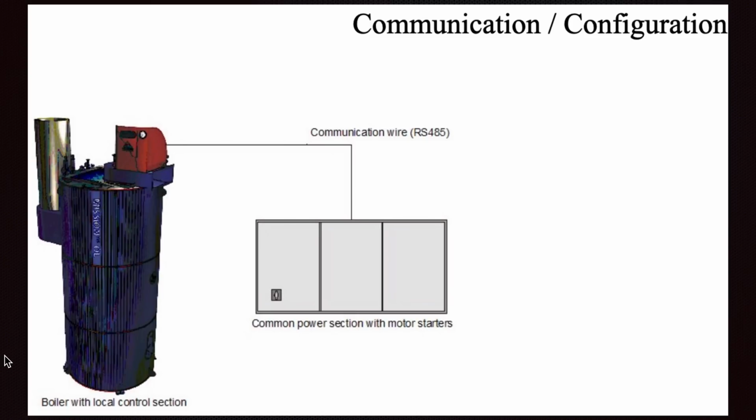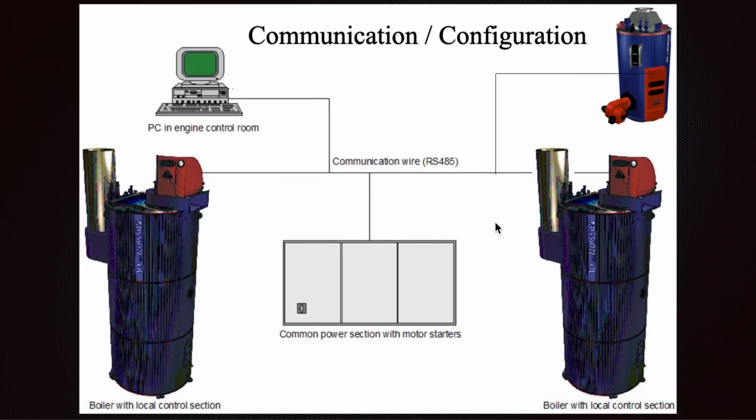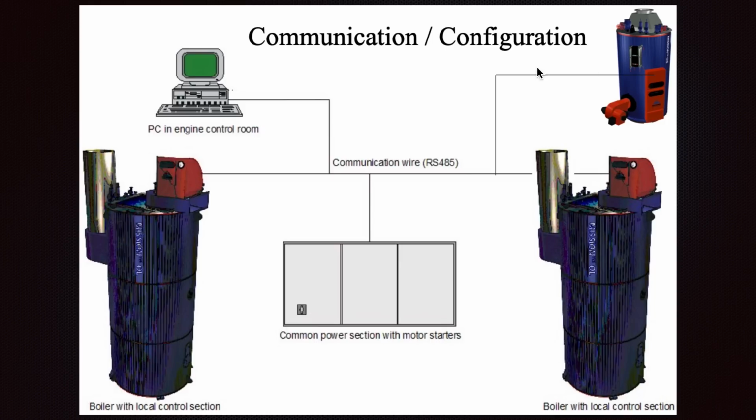This is how the single boiler operation works, and this is how it works when we have two boilers and one composite boiler also combined in the application. It's much better and much more economically reliable to have a composite boiler like that.